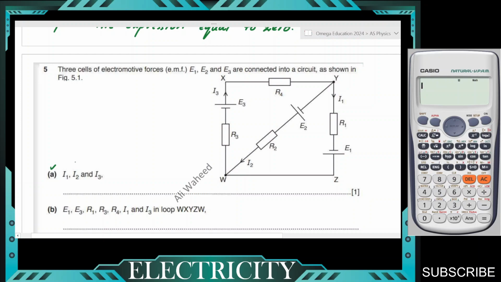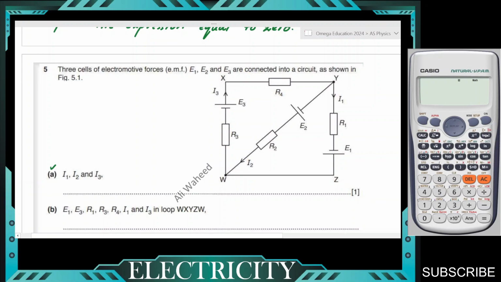The question was, using Kirchhoff's laws, write down the equations for I1, I2 and I3. So you have to relate these 3 currents, I1, I2 and I3.